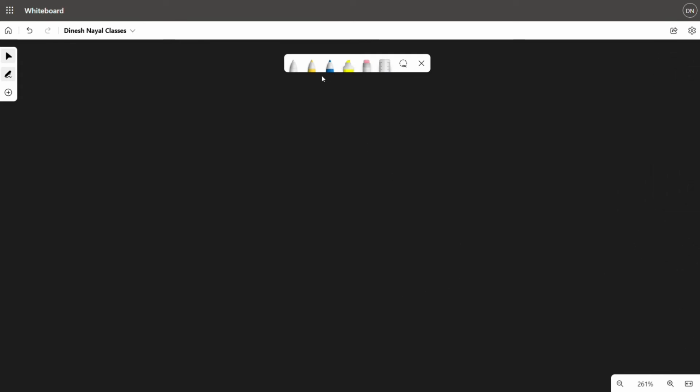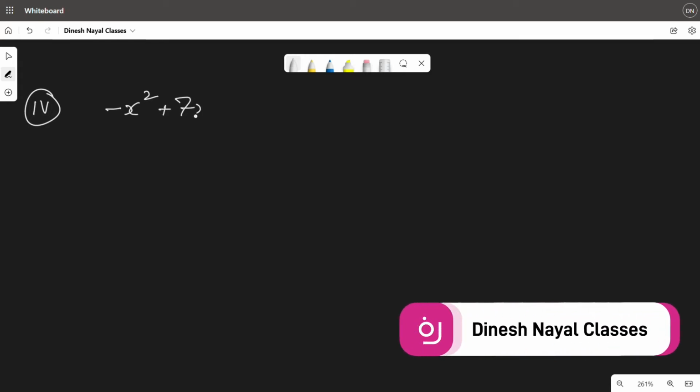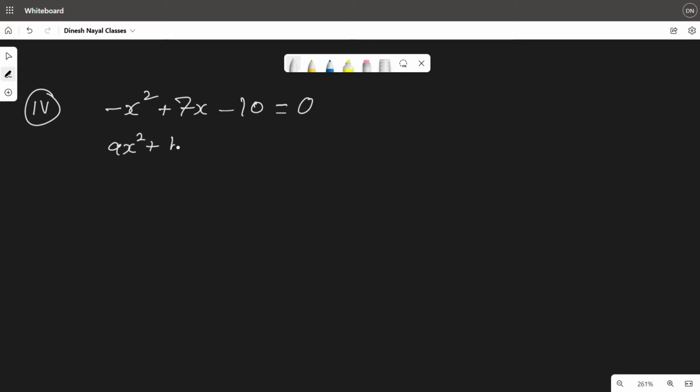So doing the fourth part over here, I'm writing minus x square plus 7x minus 10 equals 0. Now on comparing it with the general equation ax square plus bx plus c equals 0, we get a equals minus 1, b equals 7 and c equals minus 10.